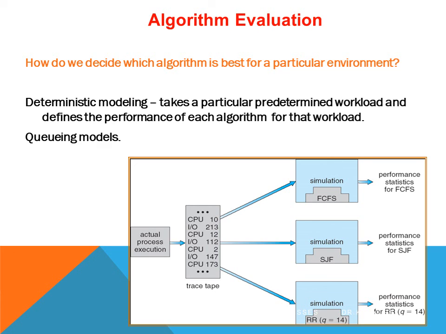For example, we apply all the processes to all the algorithms one by one and check which is suitable, whether SJF, FCFS or round robin. We take the average waiting time, response time, and all the criteria, and then decide which is best for our environment. In this way the algorithm selection works.